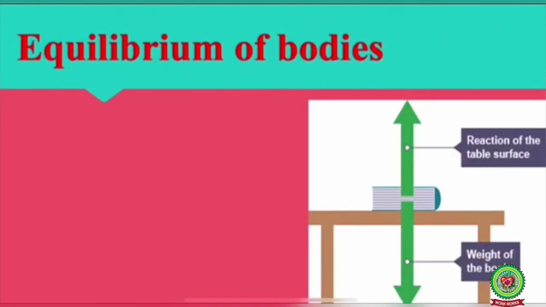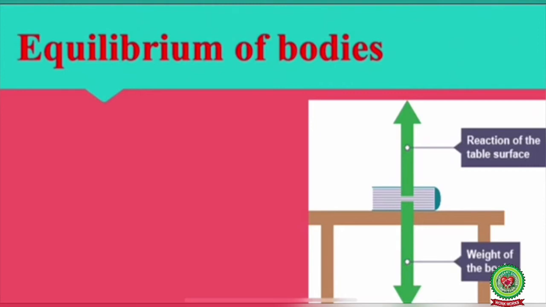The next topic is equilibrium of bodies. Let's take an example to explain equilibrium. Here we have a book lying on a table. The weight of the book is acting vertically downward and normal reaction by the table surface is acting upward. We can say that there are two forces acting on this body in different directions, but we also notice one thing: these two forces acting on the body are not able to make any change in its state.